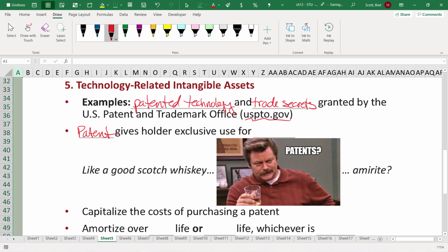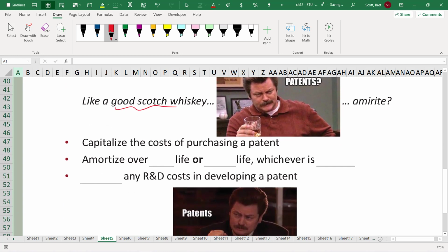A patent gives the holder exclusive use or protection for 20 years. Okay. So when you think about patents, think about, oh, the protection is 20 years, or patents have a protection like a good Scotch whiskey, right? You want to hold off on drinking Scotch for as long as you can. Some people find that makes the flavor meld better.